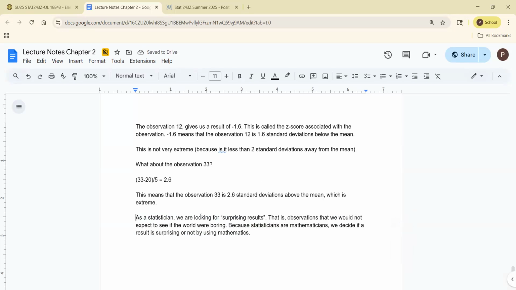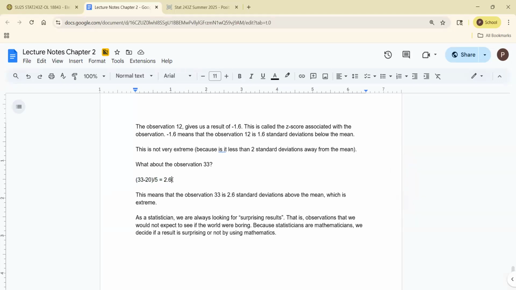Okay, so as a statistician, we are always looking for surprising results. We're looking for observations that we would not expect to see if the world were boring. And because statisticians are mathematicians, our decision criterion, if a result is surprising or not, is mathematical in nature. Here's the math. 33 minus 20 over 5 equals 2.6.